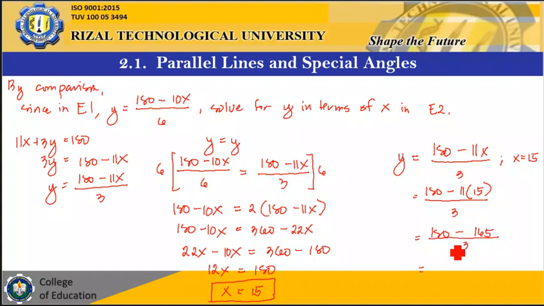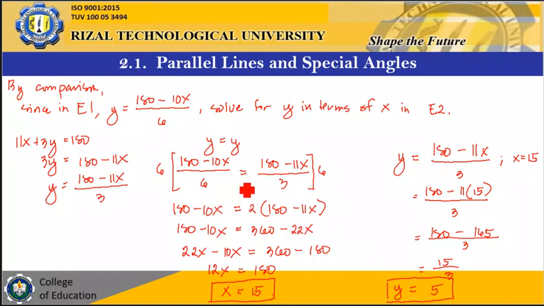Then let's have here 15 all over 3. Then the value of y is equal to 5. Then we know that our answer is correct because of the two methods that we used, we get the same answer.